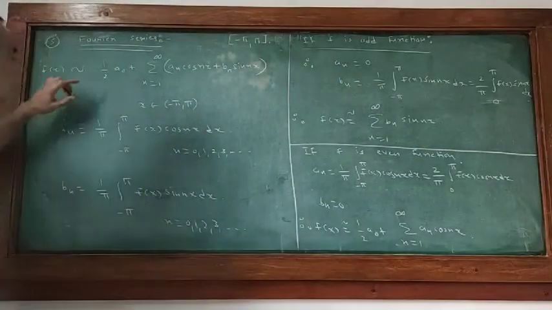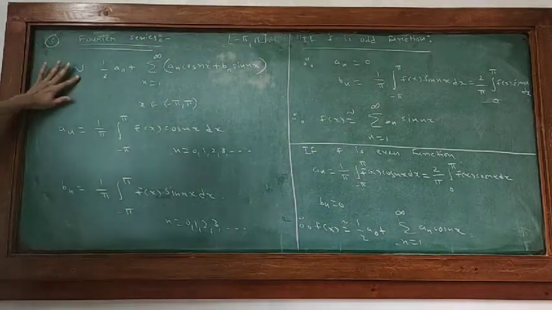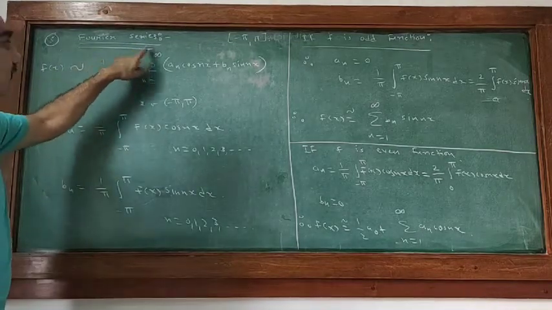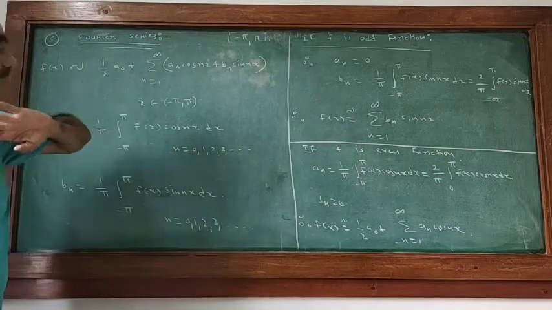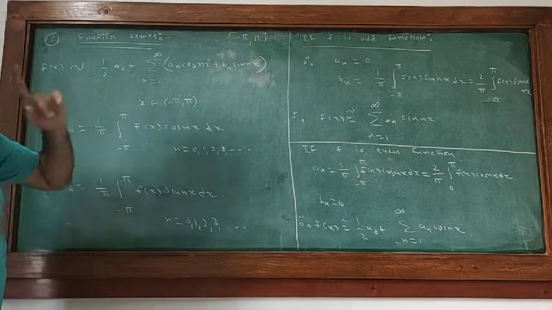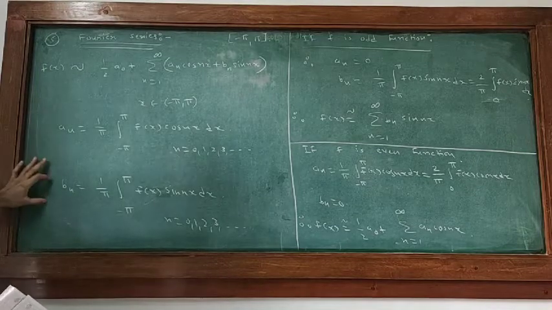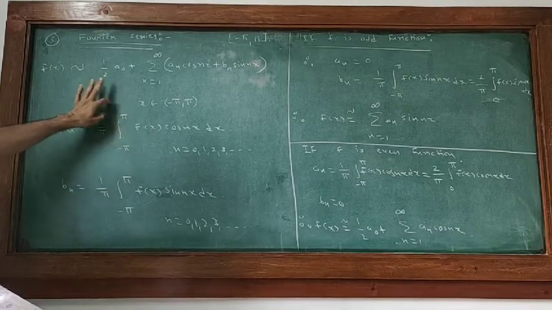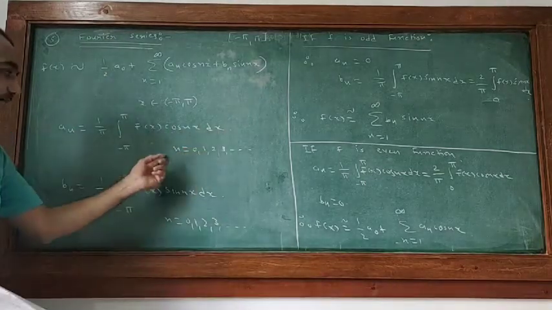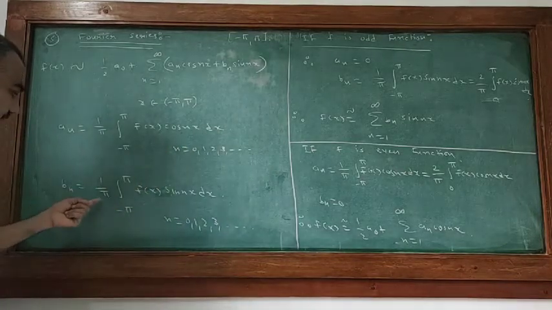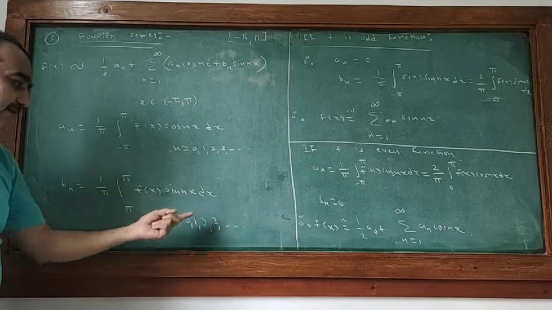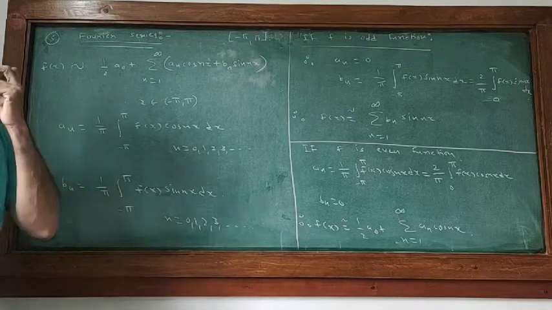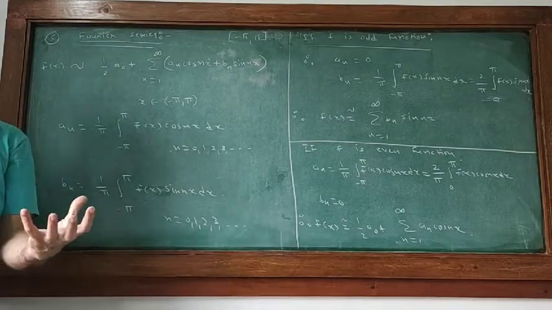First we understand f(x) is approximately equal to 1 by 2 a0 plus sigma n equal to 1 to infinity of an cos nx plus bn sin nx, where x is in minus pi to plus pi. An and bn are Fourier coefficients, and an equals 1 upon pi integral from minus pi to pi of f(x) cos nx dx for all n. Bn equals 1 upon pi integral from minus pi to pi of f(x) sin nx dx for all n. This is just a definition. You have to write it many times to become familiar with this definition.